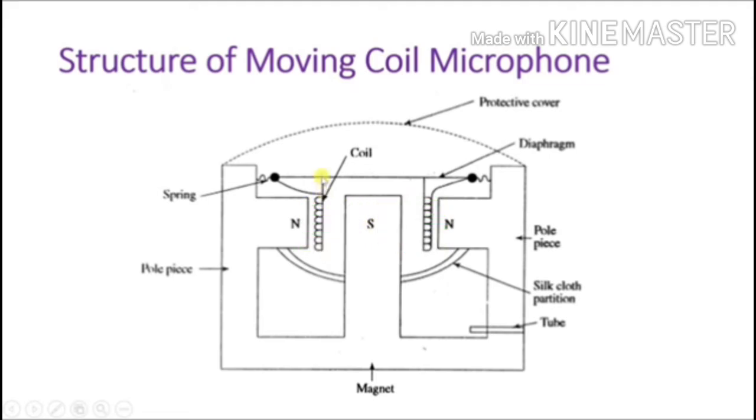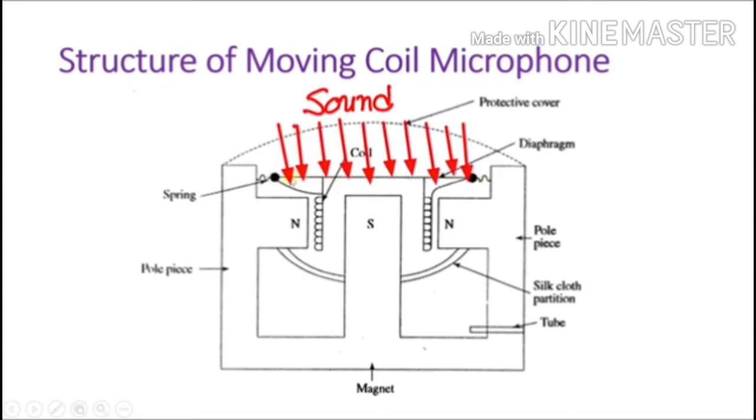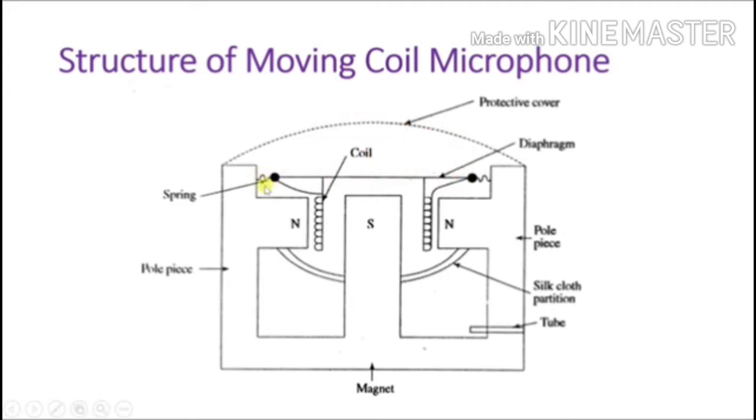Now here one can see the coil is hanging in between this space, and that coil is attached with the diaphragm, and the diaphragm is connected with a spring. So this is how the structure is. Why is it connected like this? The reason is that when sound is reflected on this diaphragm, it will provide a vibration effect, and that vibration happens because of the spring over here.